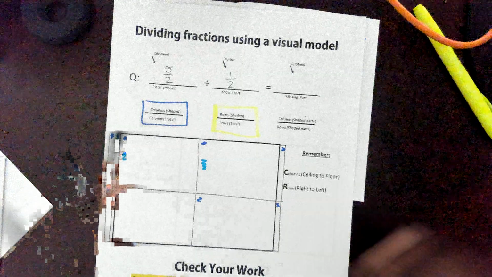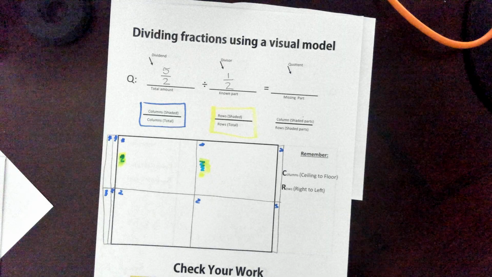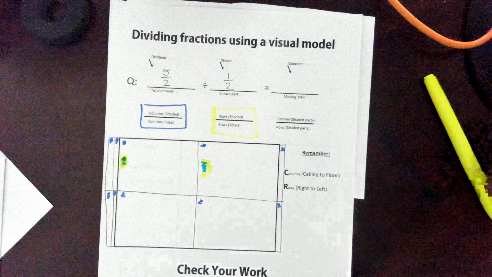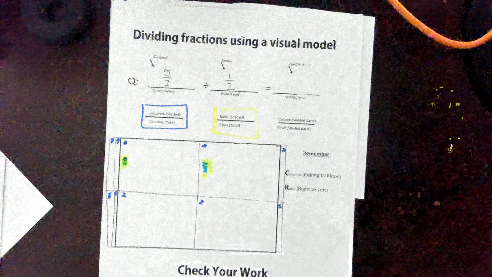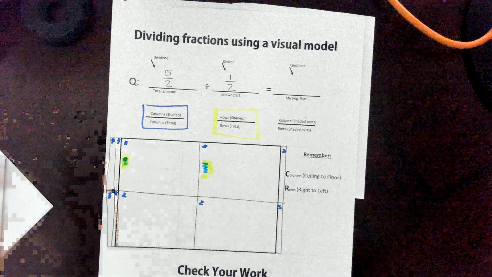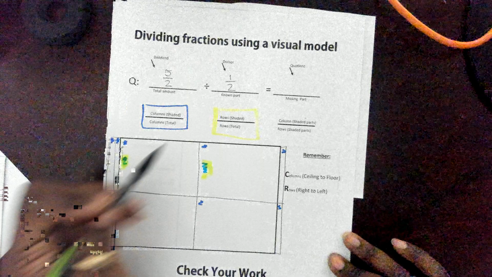And so now we go across and we figure out how many pieces were shaded in. I realized I used the wrong color. This is supposed to be yellow. Sorry. It's got yellow pieces. Okay, so we're going to figure out how many columns and rows are shaded. So we have 1, 2, 3, 4, 5, 6, 7, 8, 9, 10 blue marks.